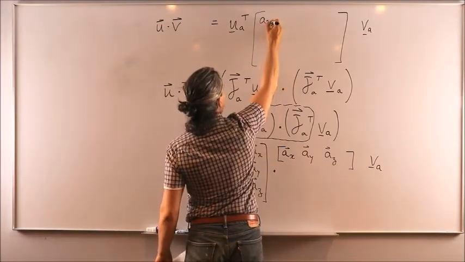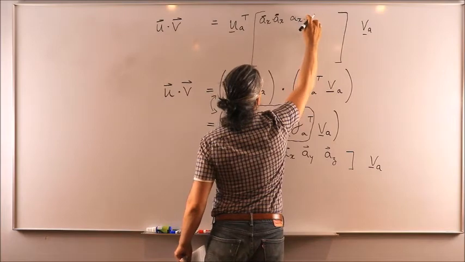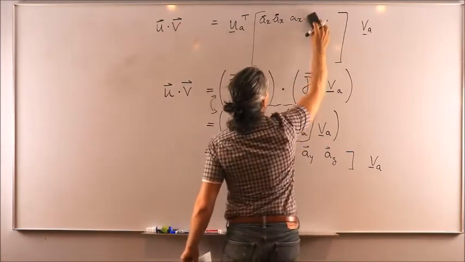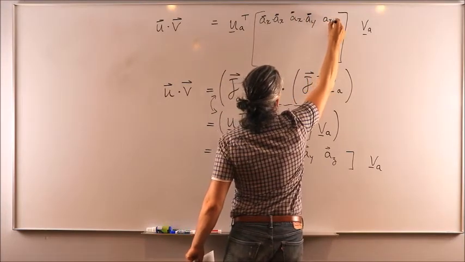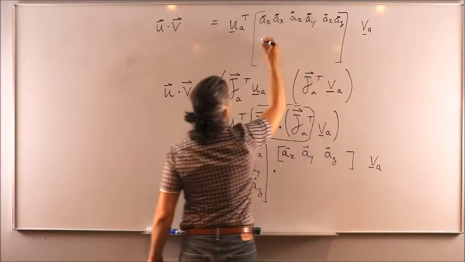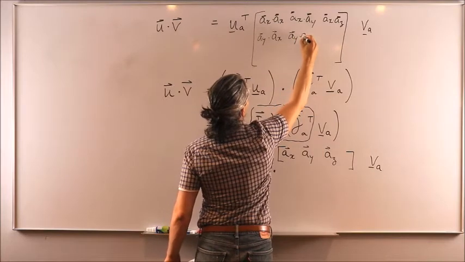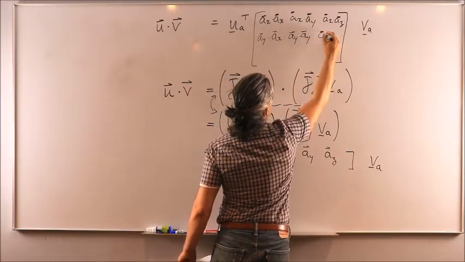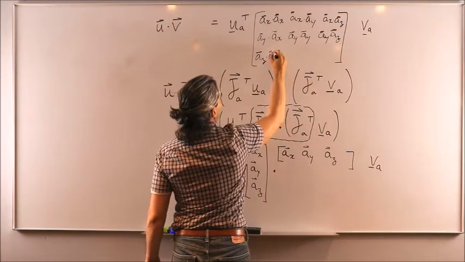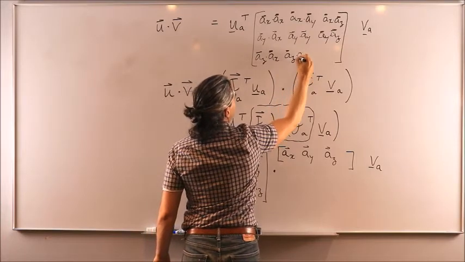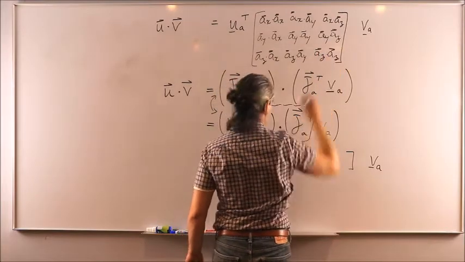I'm just going to write it real quick to complete this: AY with AY, AY with AZ, AZ with AX, AZ with AY, and finally AZ dot product with AZ.